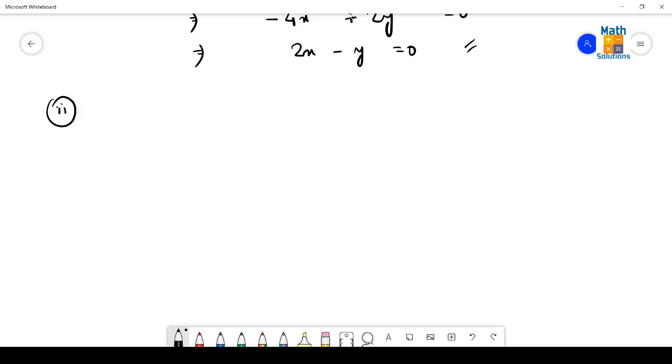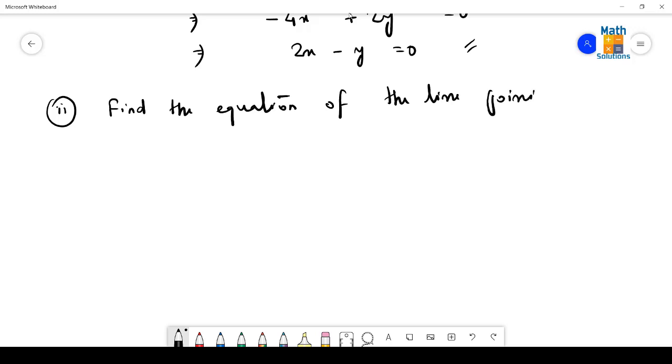Find the equation of the line joining 3, 1 and 9, 3 using determinants.